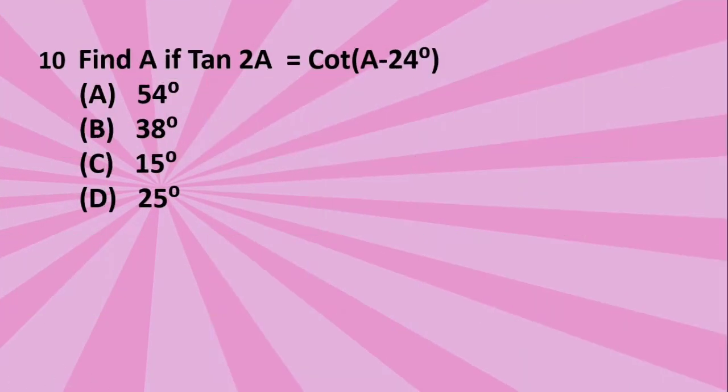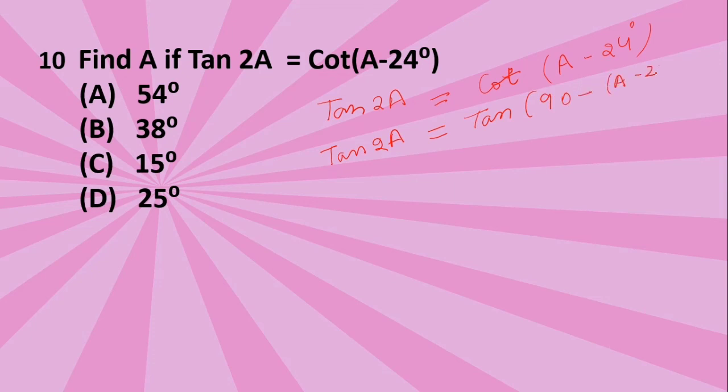Now the last question is, find A if tan 2A equals cot A minus 24 degree. Now you can write it like this. Tan 2A is tan 90 minus A minus 24. As you know, tan 90 minus theta is cot theta.